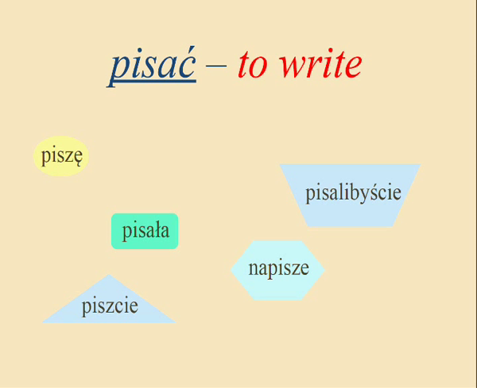Take for example the following word: pisać, to write. Here are some of the many forms of this verb. Pisze, pisała, pisalibyście, napiszę, piszcie.